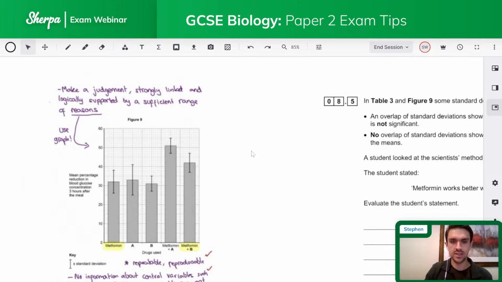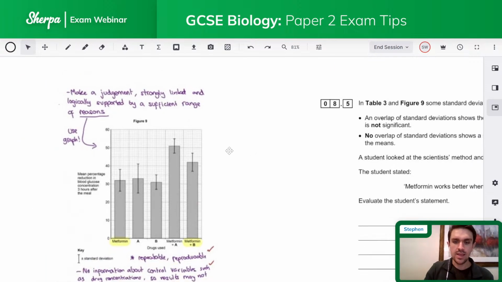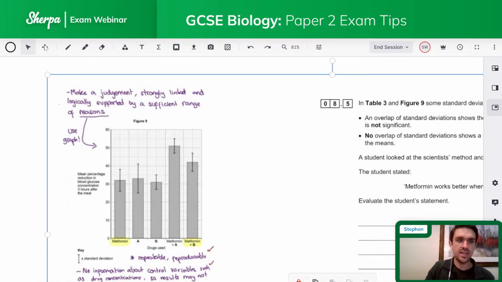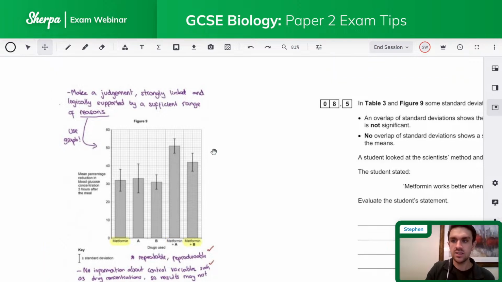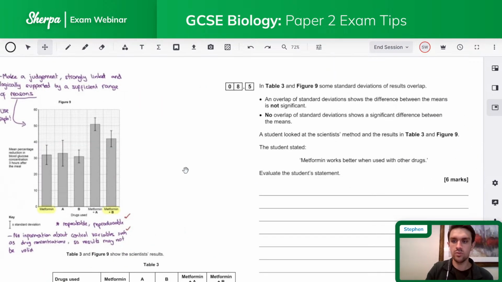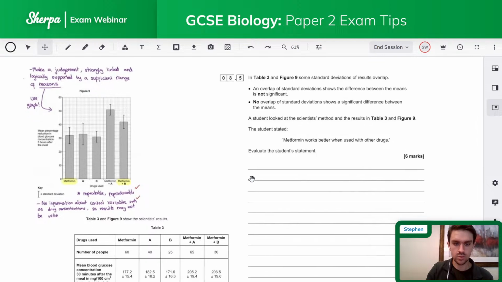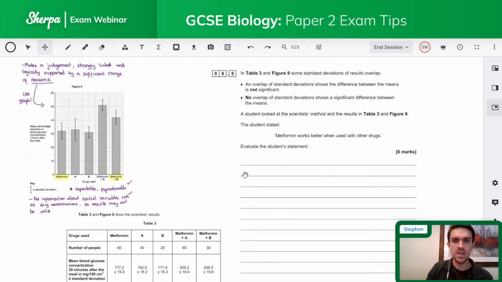So what is our 6th marker question? In Table 3 and Figure 9, some standard deviations of results overlap. So we've got the table and the graph here again. An overlap of standard deviations shows the difference between the means is not significant.